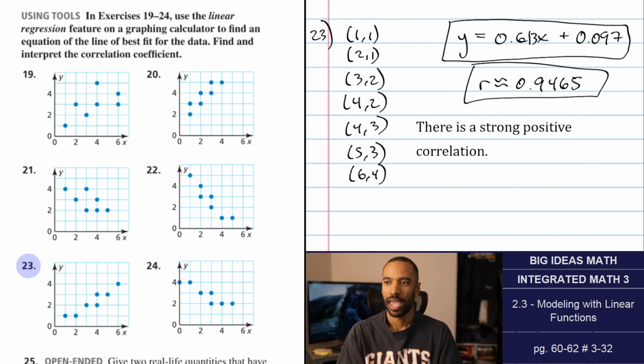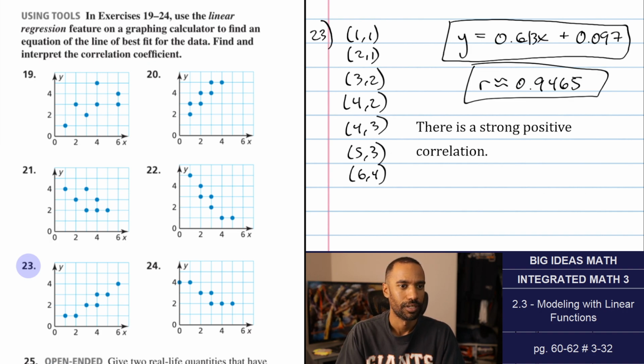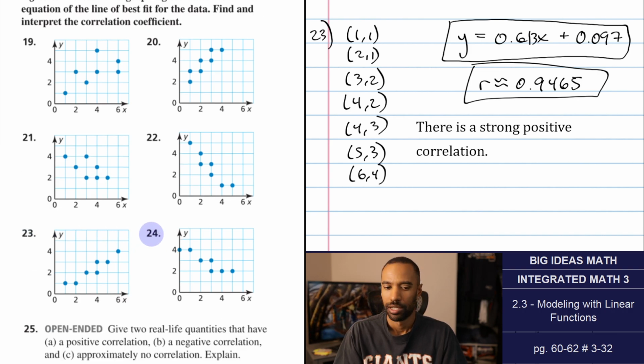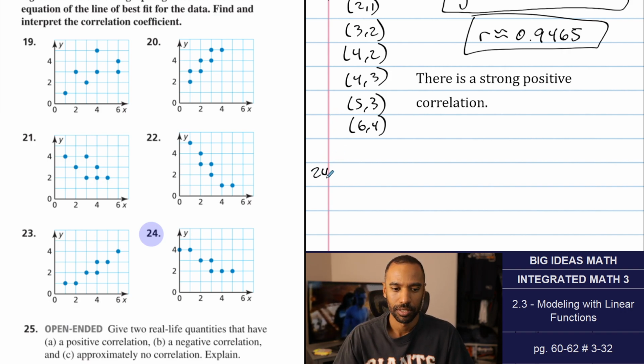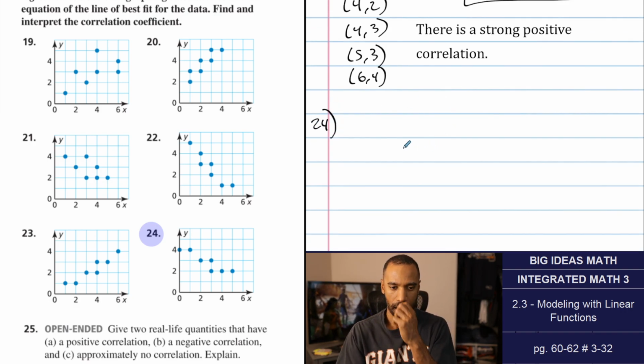All right. And number 24. How long have we gone? Hour 40 about. Jeez. I was hoping with lesser questions. Number 24 is going to look pretty strong. I'm guessing the negative 0.8s. All right, number 24.